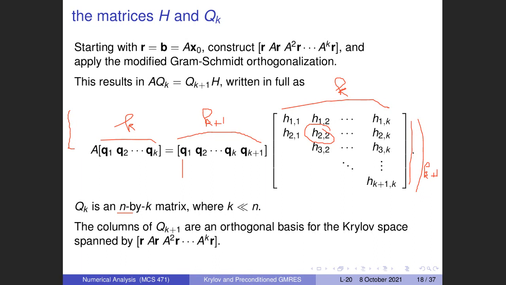We defined the h's, these coefficients, as the product of the q's with the A's. So you can also see that A times q1 comes back here when we have coefficient h1,1. So this is the making of this matrix H. In shorthand, this is written like this.